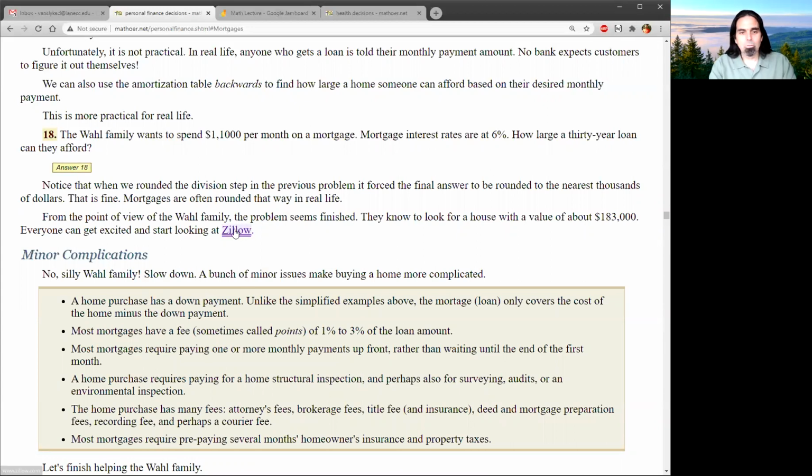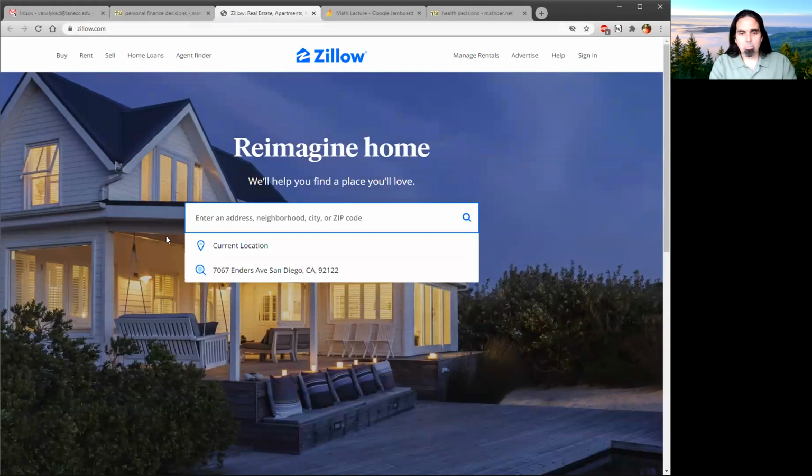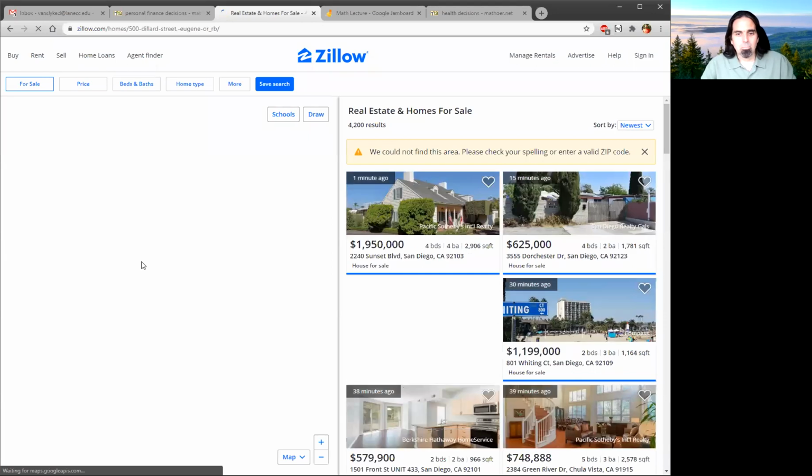You've never, okay, so if I open, and then I can just put in some address. I pick, does Dillard go up to the 500s? Let's see. It doesn't look like this.